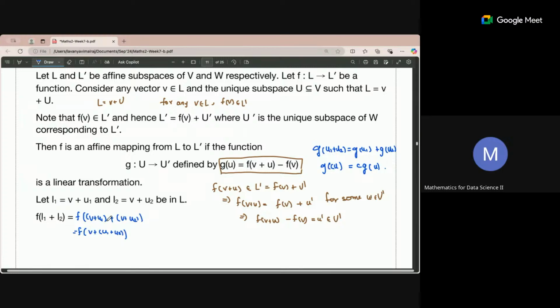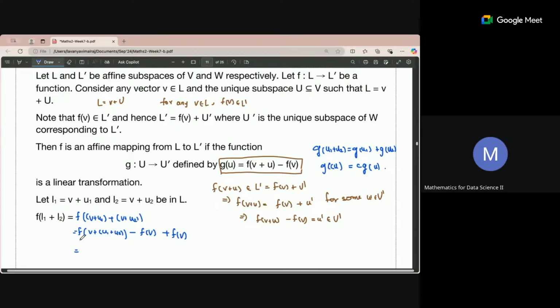We have just added the two elements, L1 plus L2. So what is the next step? Any idea? It's not at all obvious, but we have to do some addition and subtraction to get this form here. So here I am going to add and subtract f of V.